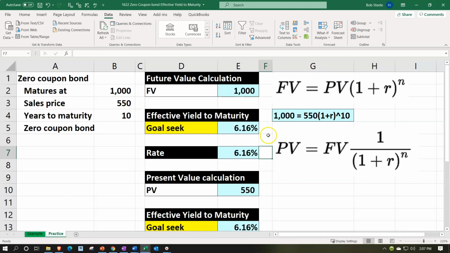You just get a better understanding, so that when you see other people calculating these things, they might use different methods. They might use the present value, you're using the future value. They might use goal seek, they might use the rate formula. So the more you can tie all that together, the more you'll be able to understand and work with other people as they're doing things differently or as they see things differently.